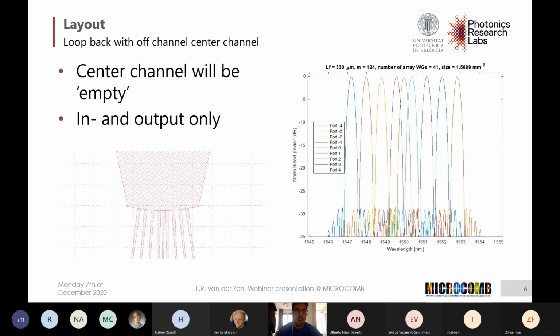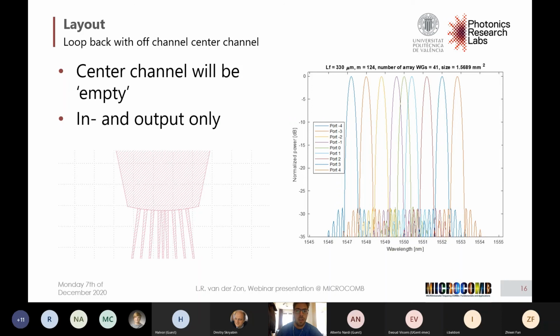Then, because we lost the control of one port, I also thought of another way to define an AWG. Here I placed the central port at half a channel spacing in order to free it of a comb line.